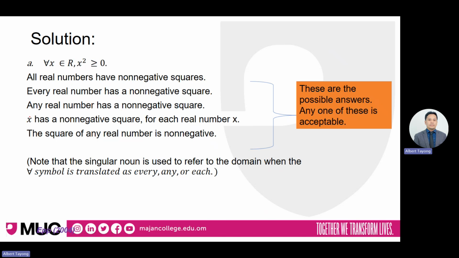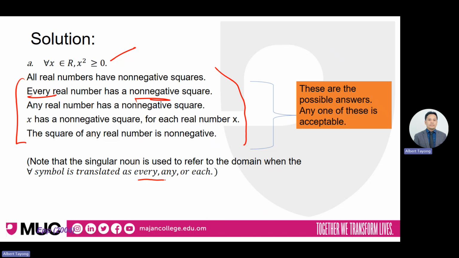So this is what I'm saying, that you can have your own way of changing from predicate form to English sentence. You can use different words as long as it means the same, it is correct. See here, you can use every also. Instead of saying greater than equal to 0, you can use the word non-negative, because greater than equal to 0 is non-negative.